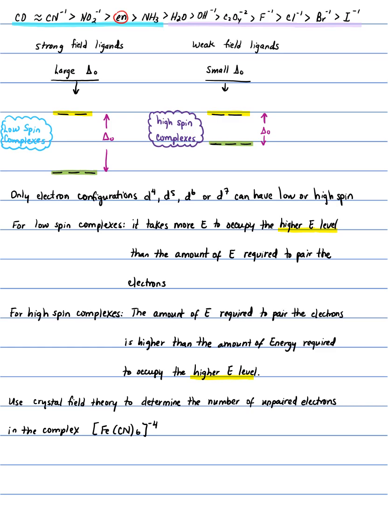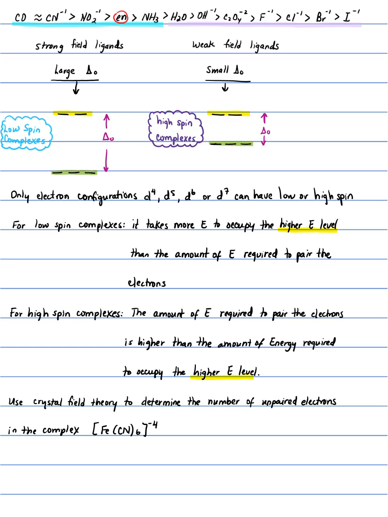For those low spin complexes, it takes more energy to occupy the higher energy level, the two orbitals that I have highlighted in yellow, than the amount of energy that is required to pair the electrons on the 3d orbitals that I have highlighted in green.